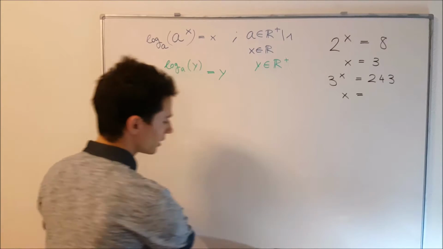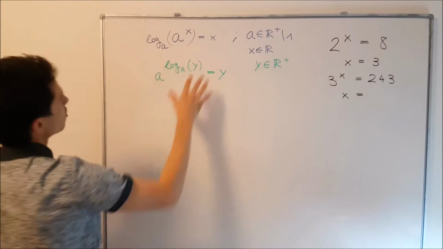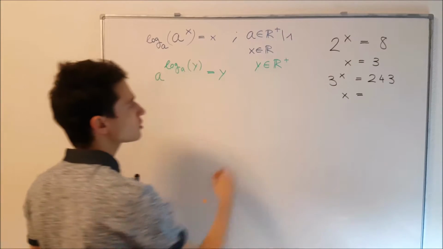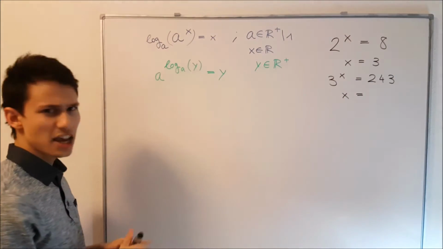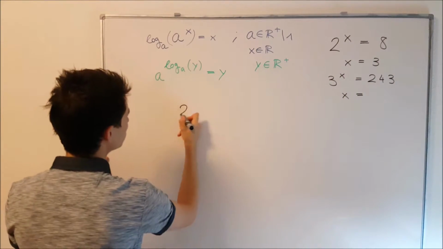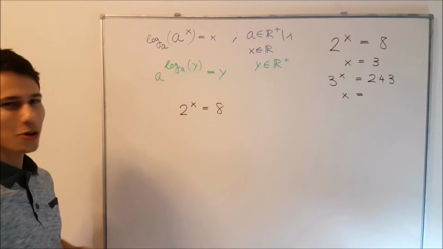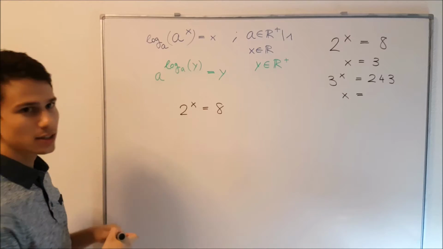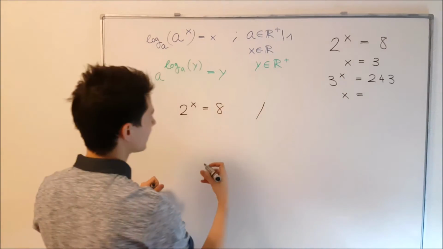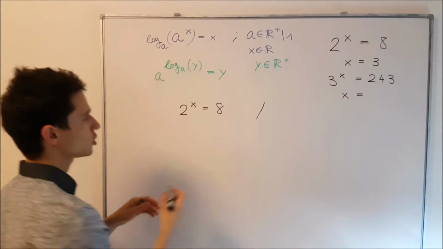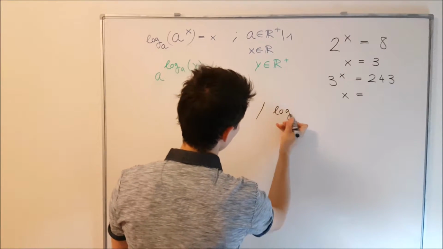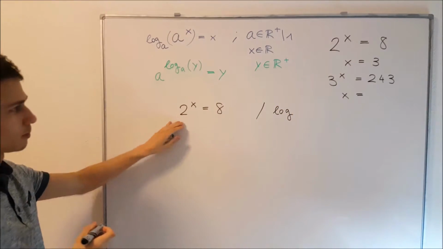Now let's try to apply these rules up here to solve such a problem. And let's say we want to solve 2 to the power x equals 8 by use of the logarithm. And what you always do is you apply to both sides of the equation the log to the base 2.